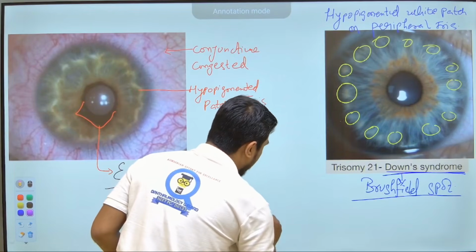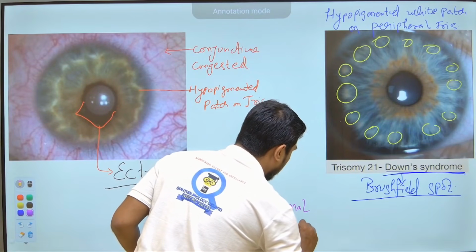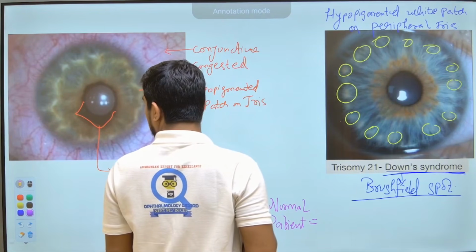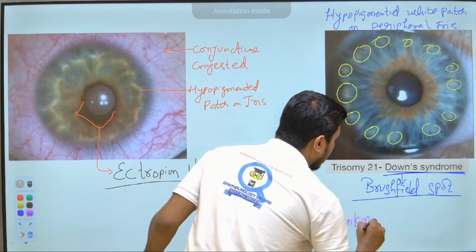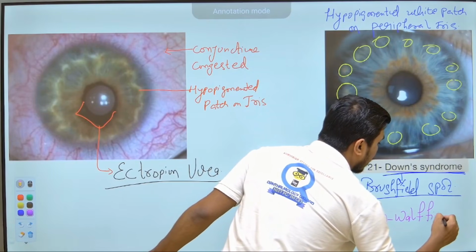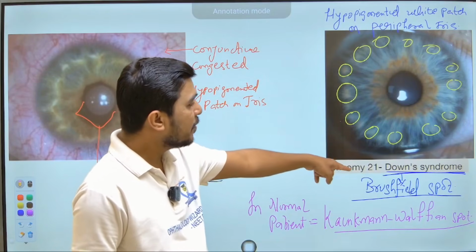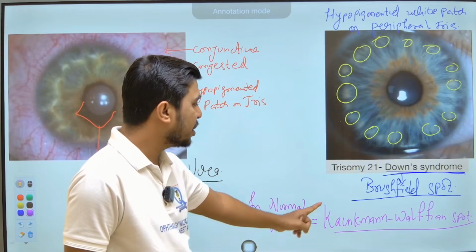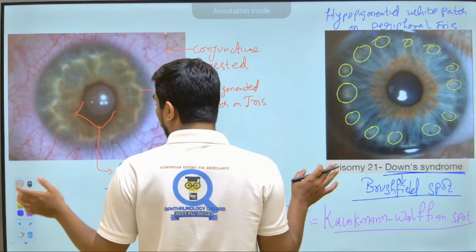In a normal patient, this white patch is called Kunkmann-Wolffian spot. Understood? So the same condition, if present in Down syndrome, is a Brushfield spot, and if present in a normal patient, is called a Kunkmann-Wolffian spot. This is very important to understand. I hope you understand all these things.